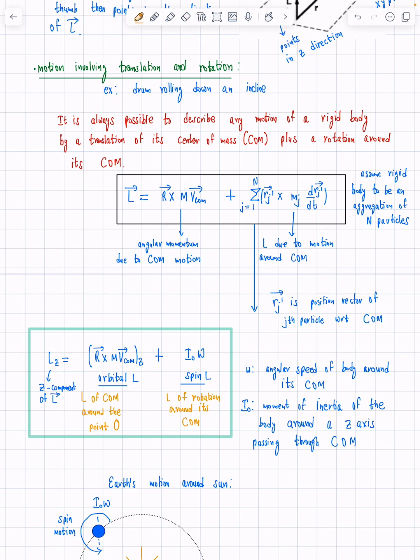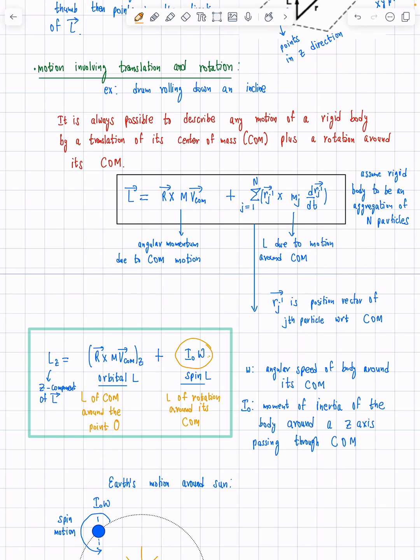This is just coming from the spinning of the body around its own center of mass. Here I naught is the moment of inertia of the body around the z-axis passing through the center of mass, and omega is the angular speed of the body around its center of mass.